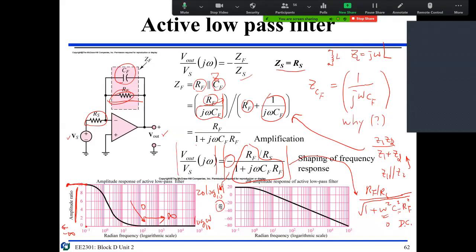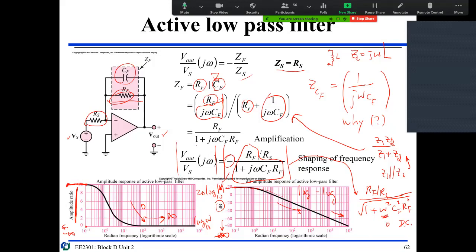However, if I also use 20 log, this 10 will correspond to log 10 of 10, which is 1. 20 times 1 is 20, so this is 20 dB. Then when you go to 0, it will go to minus infinity, right? So you do log-log plot, and you are going to see something like a very straight line going down, which is true.